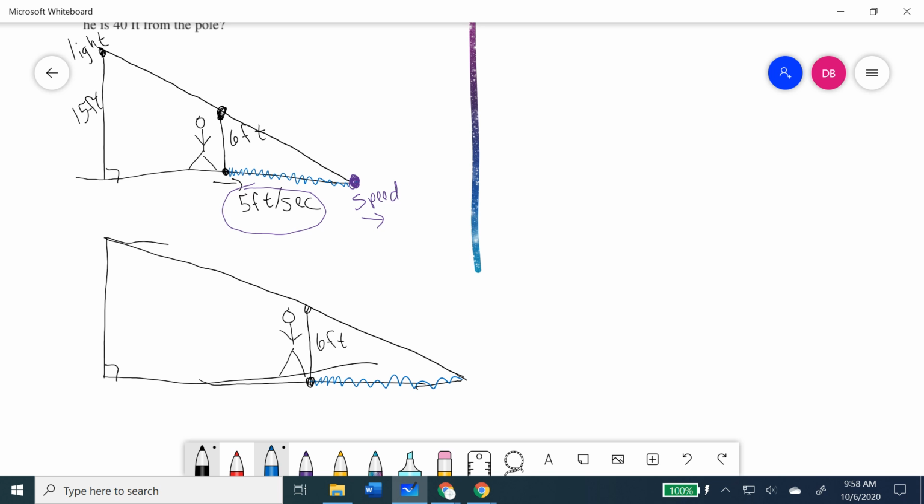The speed of this point where the tip of the shadow is not dependent upon the location of the person. You want to anchor that to a point that is not moving. And then look at what is this distance's speed.